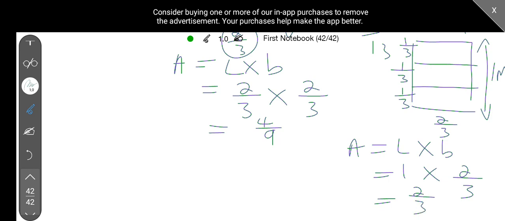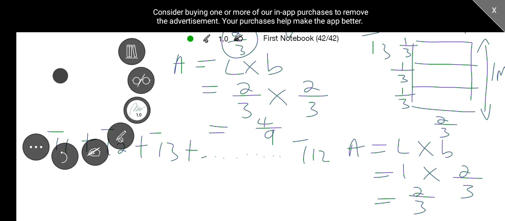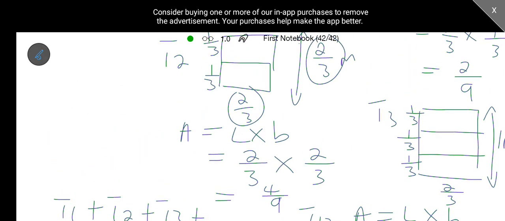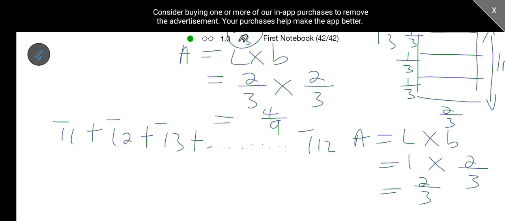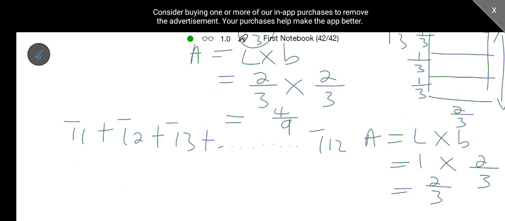Now, to write the series, we're going to say T1 plus T2 plus T3 plus, they're going to add each other up until T12 because we have 12 stairs. The first term was given as 2 over 9.